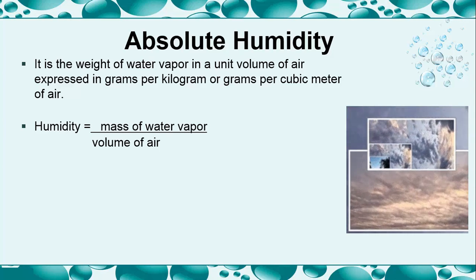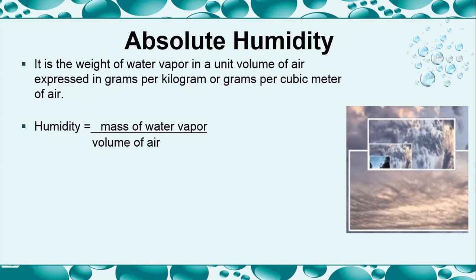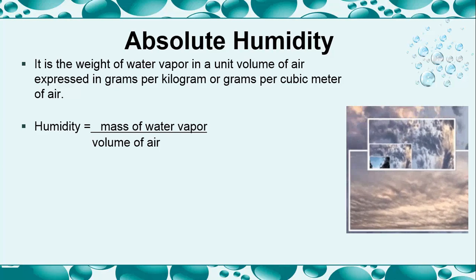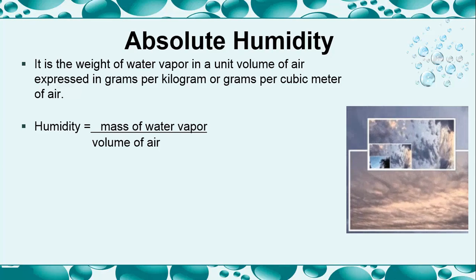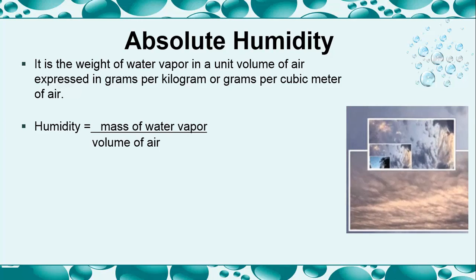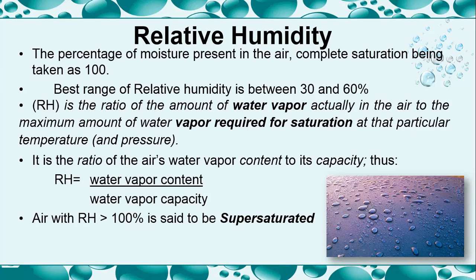So, to compare and contrast, absolute humidity equals mass of water vapor divided by volume of air. It is the weight of water vapor in a unit volume of air. On the other hand, relative humidity is the ratio of amount of water vapor actually in air to the maximum amount of water vapor required for saturation at that temperature and pressure.